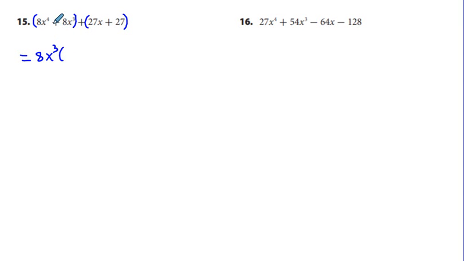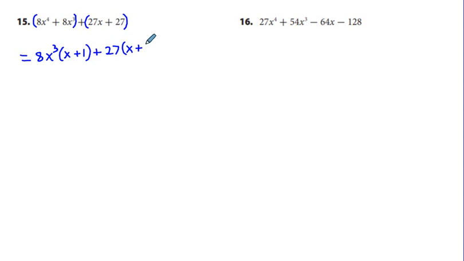So what times 8x cubed equals x to the 4th power? That's going to be x. And then what times 8x cubed equals 8x cubed? That's going to be 1. And so we put plus here. And now out of the second group, what is our greatest common factor? That's going to be 27. And 27 times what equals 27x? That's going to be x.